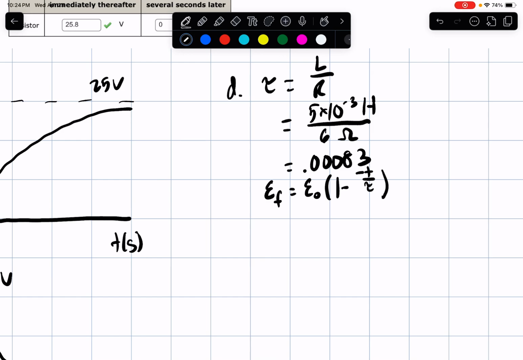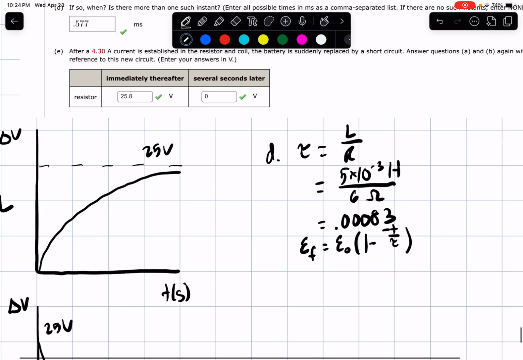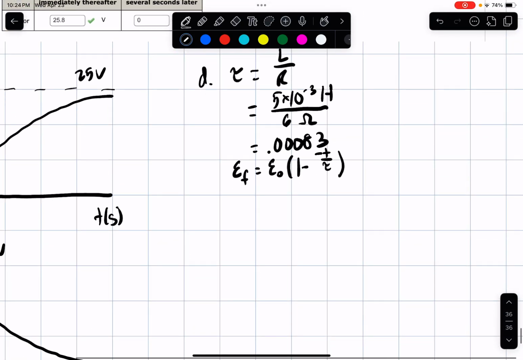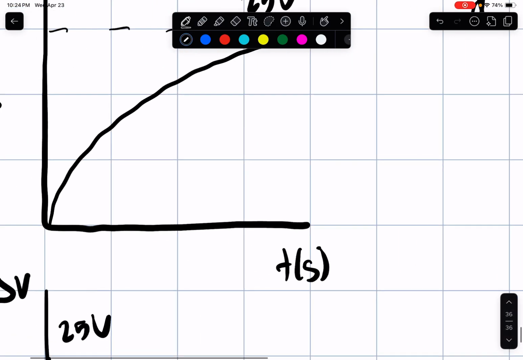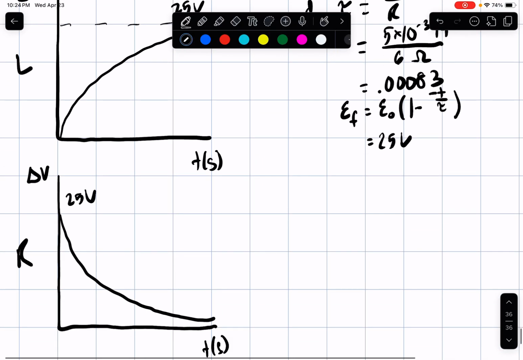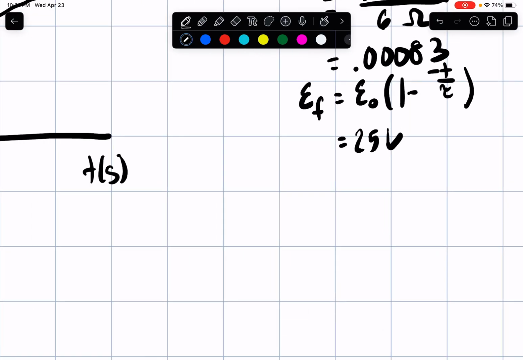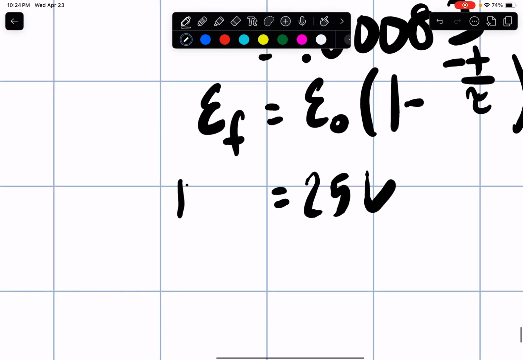So the initial EMF we know is 25 volts. And then your final EMF, think about where these will meet. It'll be at halfway. So half of 25, 12.5 volts.